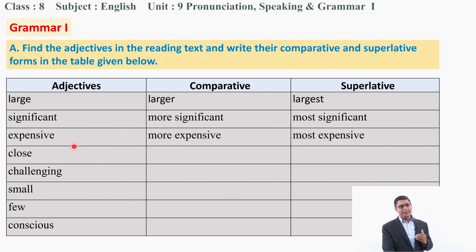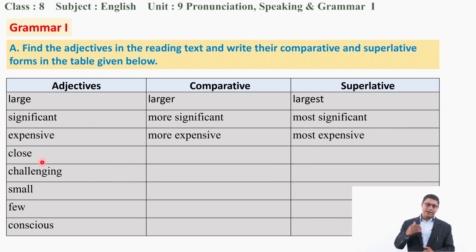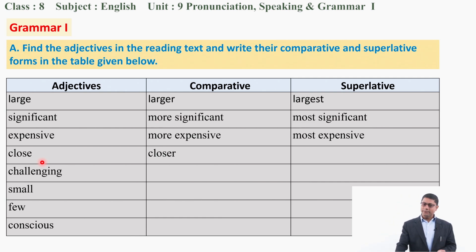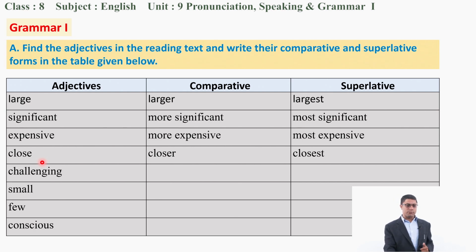Let's move on to the next. Next adjective is, okay, good, close. So what is its comparative then? What did you say? More close? No, it's not. It is, very good, closer. Okay, then superlative? Right, closest. Very good, you did well.